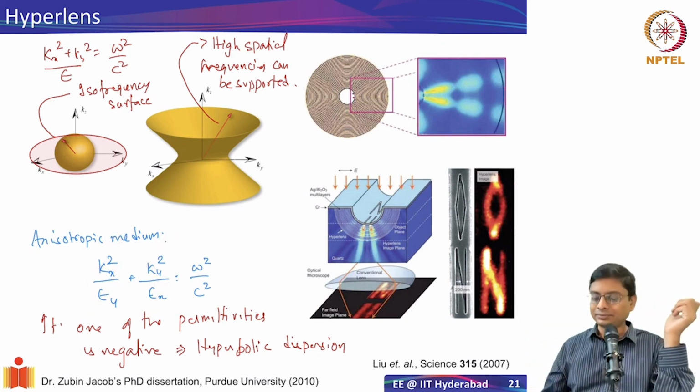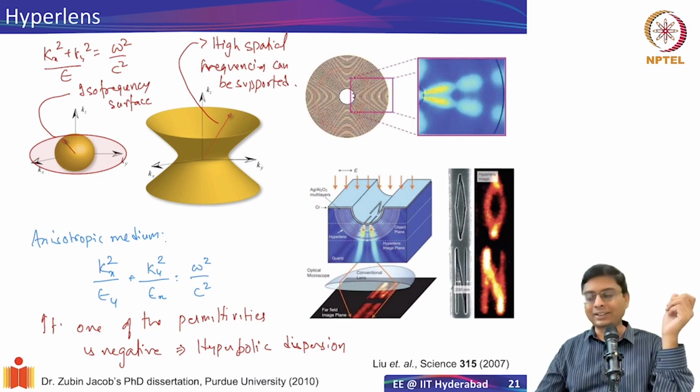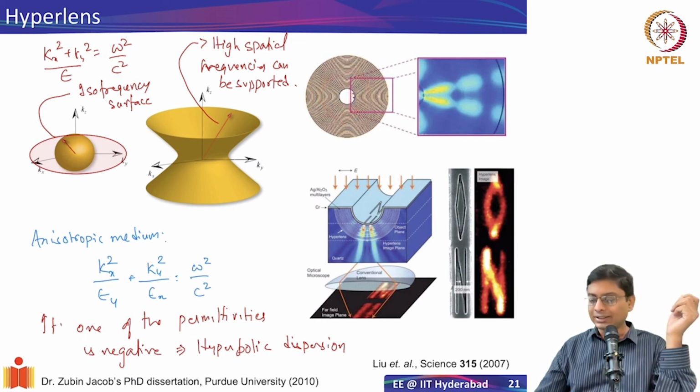So it turns out that what Evgeny Narimanov's team presented was, if you have alternating layers of metal and dielectrics in a circular, spherical fashion like this, and you put two objects at the center, the information or the energy from there will propagate along the radial directions, and eventually you'll see that this can be magnified.